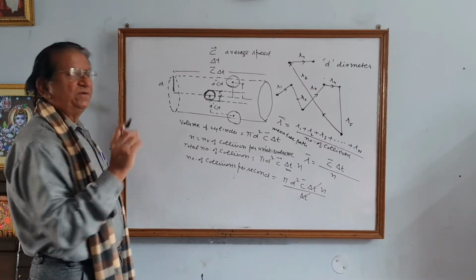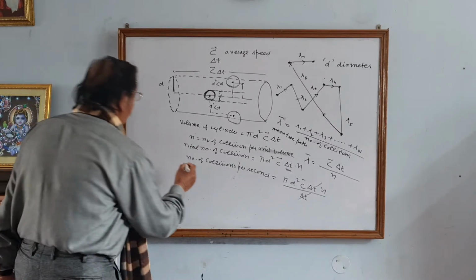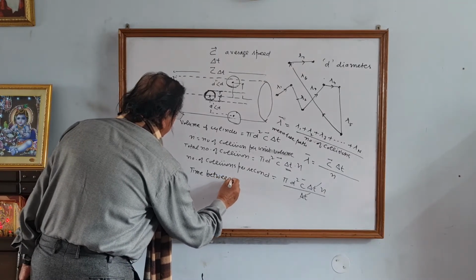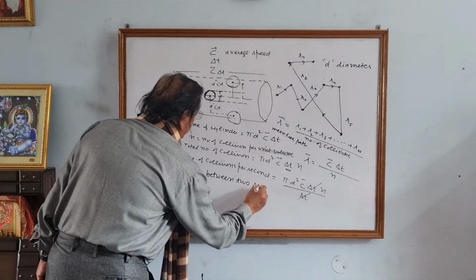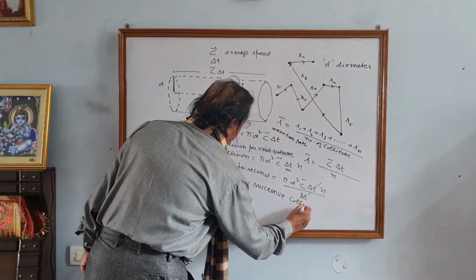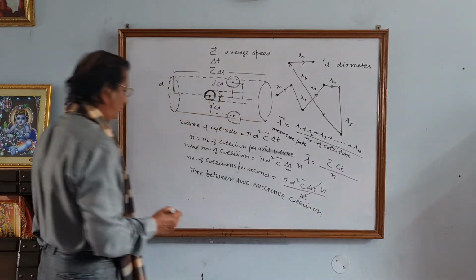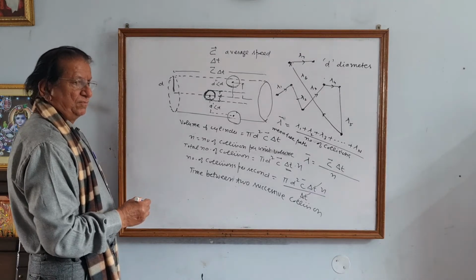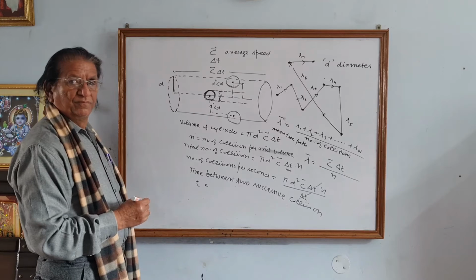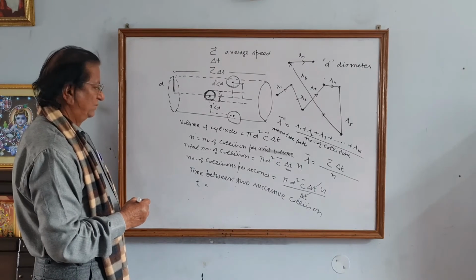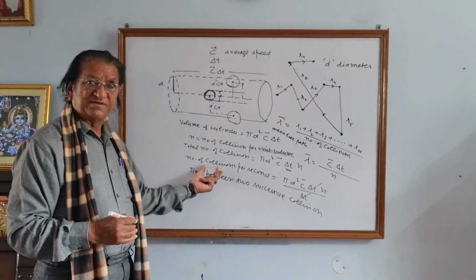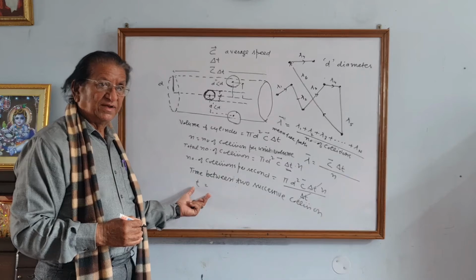So what is the time between two successive collisions? That is, T is equal to, this is the number of collision per second, means frequency, and frequency and time, they are related to each other.